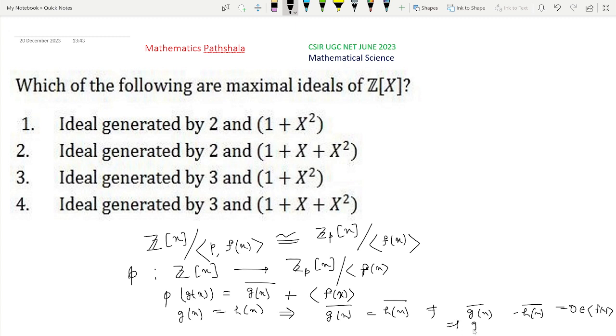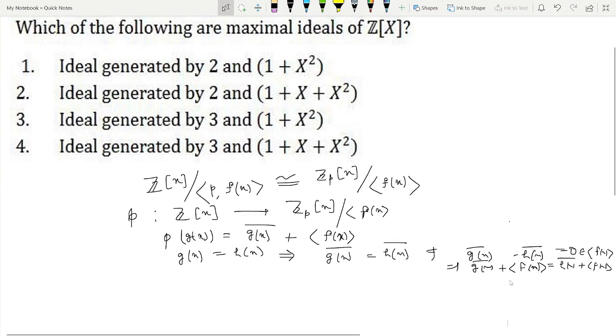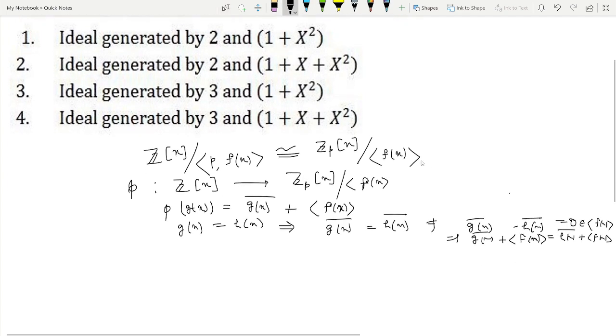So we will have class g(x) plus f(x) equal to class h(x) plus f(x). That means this is our phi g(x) and this is our phi h(x). So this proves that phi is well defined.